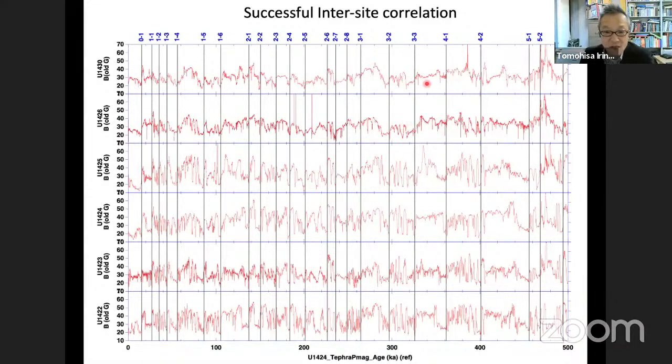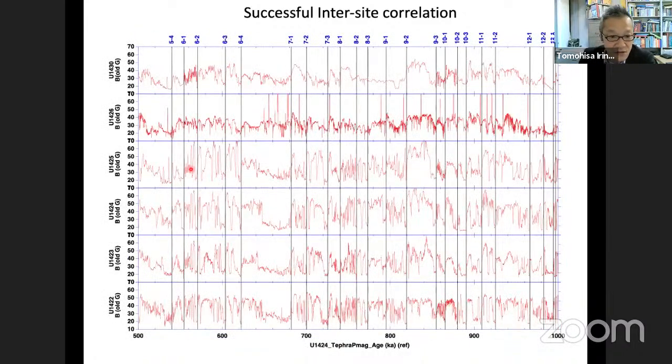At this stage, our correlation is only for the major dark layers, so I can talk about the orbital scale changes. But if we establish finely correlated dark-light cycles among all the sites, we'll be able to discuss the millennial scale synchronous changes happening in the Japan Sea basin.